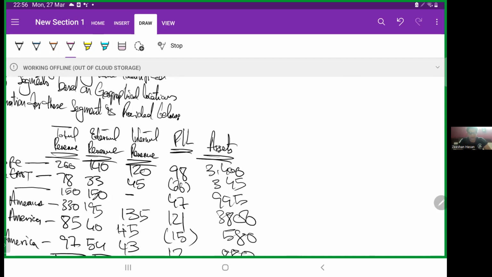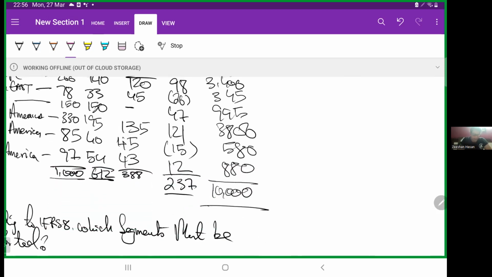For North America, total revenue is 330, external revenues 195, internal revenues 135, profit is 121, assets are 30. Central America 85, 40, 45, loss is 15, assets are 580. South America 97, 54, 43, 12, and 880.